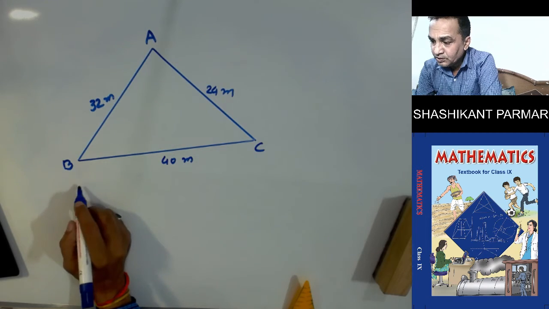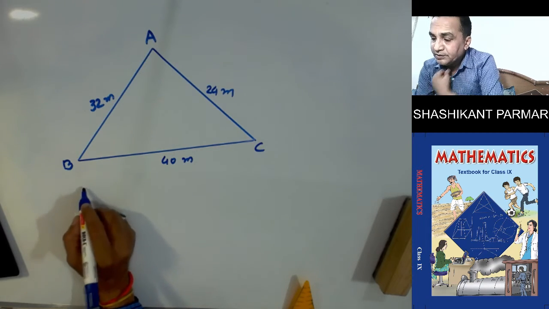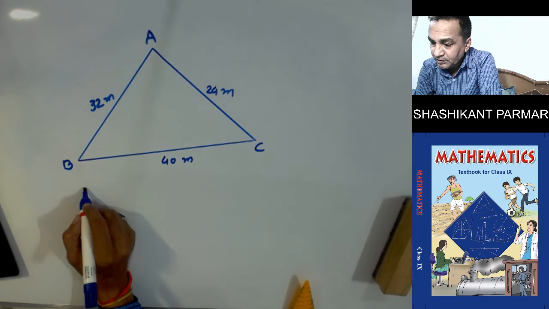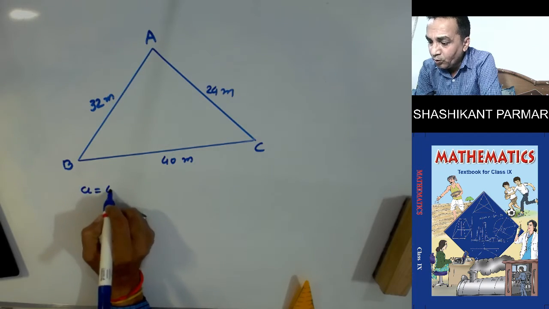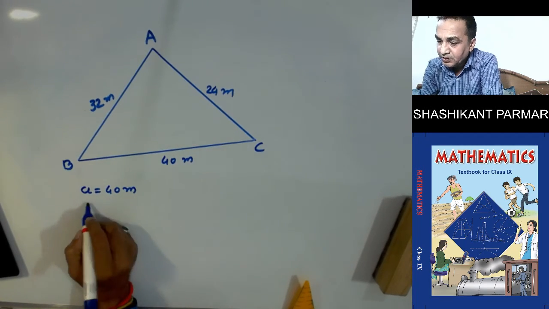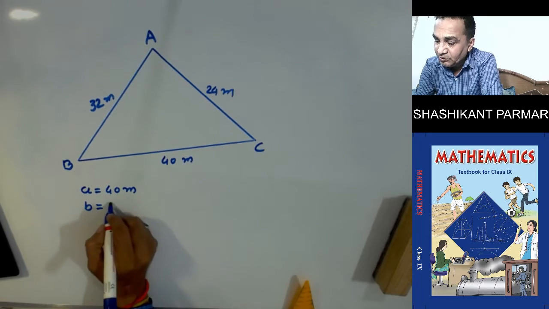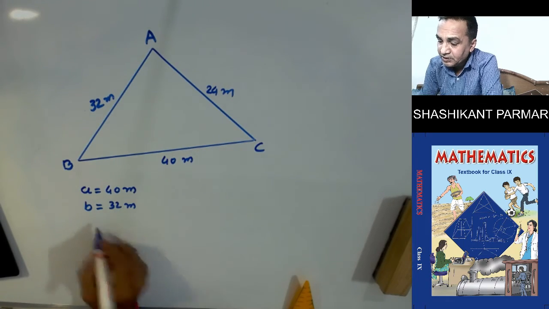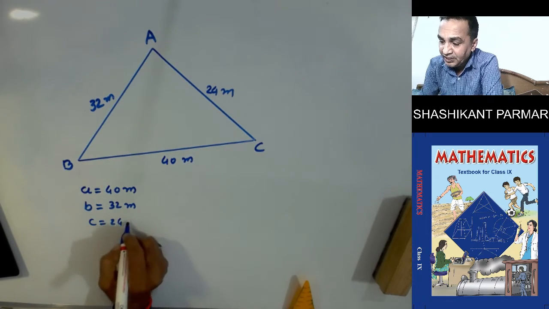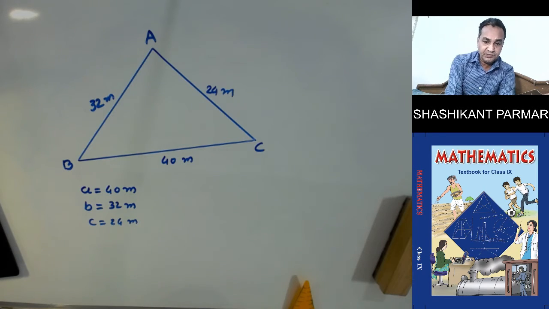So here a is equal to 40 meter, b is equal to 32 meter and c is equal to 24 meter.